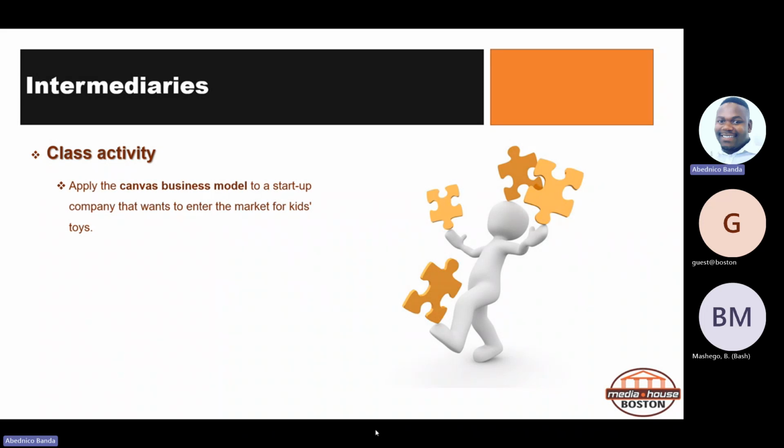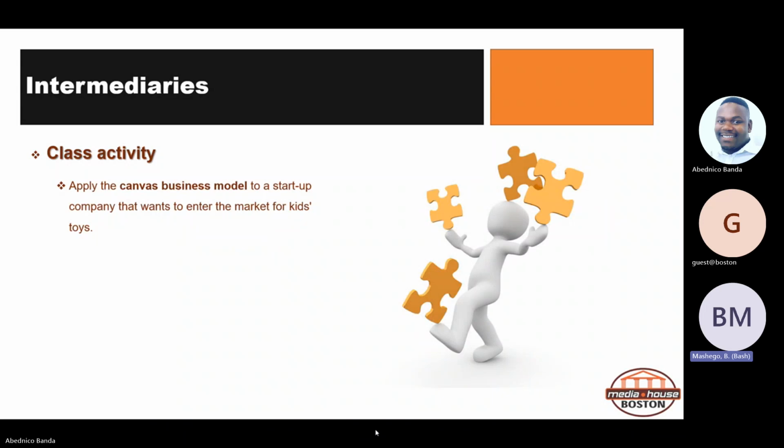Okay, then I've got a question that I also asked during the day. If you are given a chance, guys, right now to start a business, would you sell directly to consumers? Would you use an intermediary, a distributor? As it stands right now, if you were to start a business.